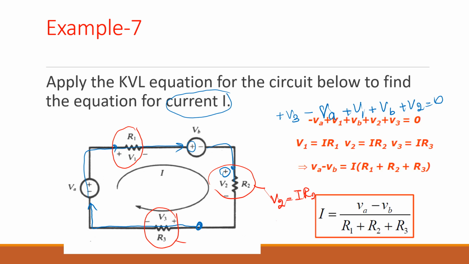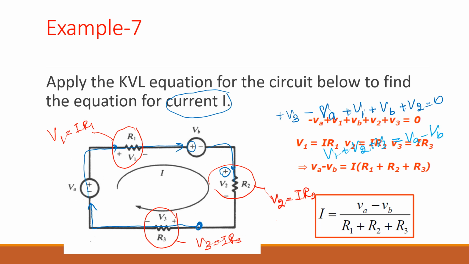Similarly, V3 equals I times R3, and V1 equals I times R1. So let's consider V1 plus V2 plus V3, simplifying this, equals VA minus VB.